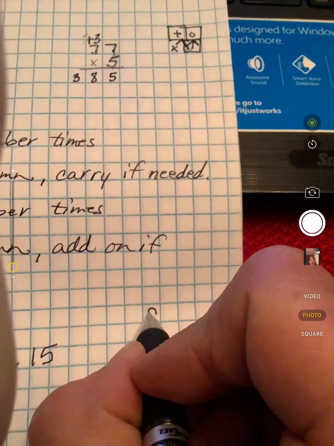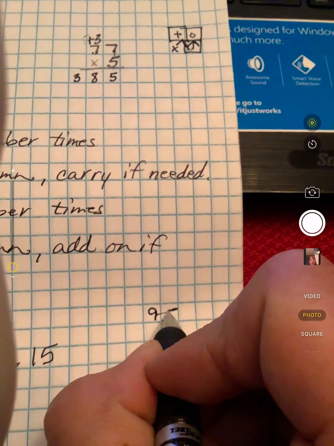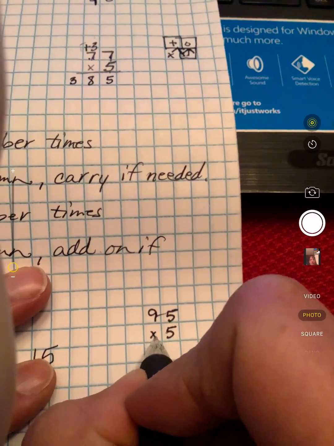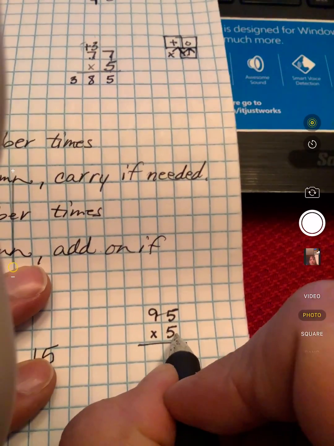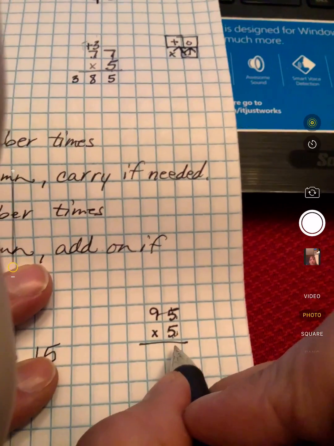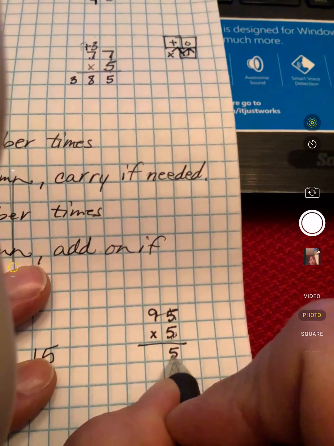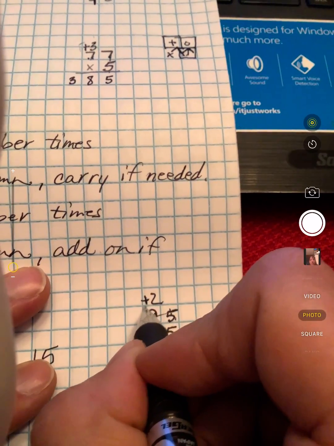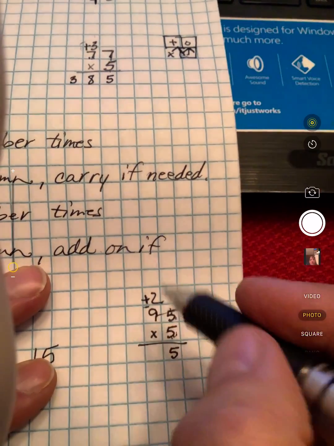How about 95 times 5? We go straight up, multiply the ones column. 5 times 5 is 25. You carry just like you do in addition. Put the plus sign there so you remember to add it on.